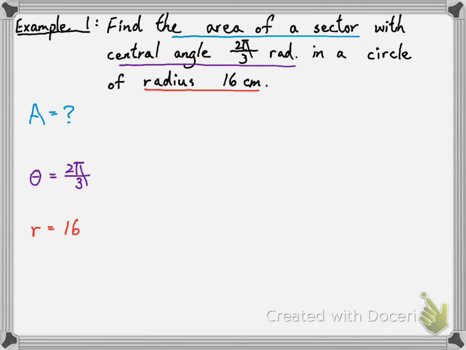In this case, it suggests that we use the area formula, which was A equals half theta r squared. So A equals half times theta, 2 pi over 3, times r, which is 16 squared.